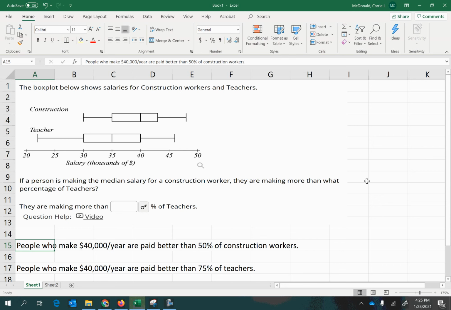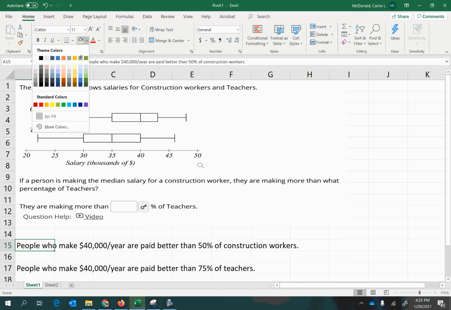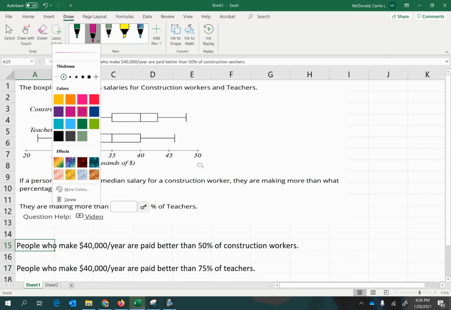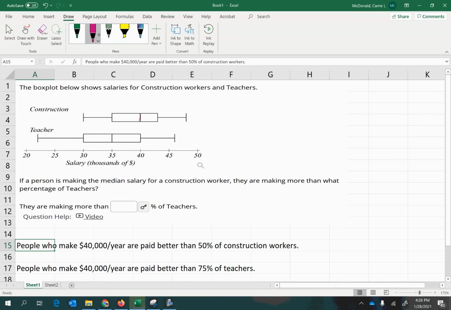So first of all, let's identify the median salary for a construction worker. So I'm going to use hot pink because I know construction workers probably love wearing hot pink. And we have the median there in the center. And remember, that is also your second quartile or your 50th percentile.